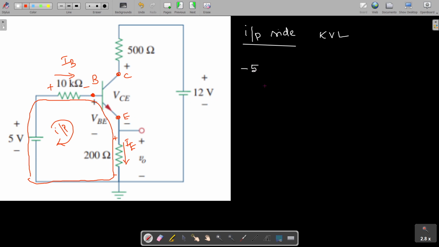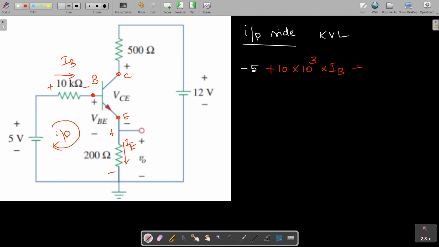Here it is minus 5, then it is plus 10 kilo ohm, right? So 10 into 10 power 3 multiplied by this IB current, then this voltage drop is existing here, this VBE. So it is plus VBE, and then across this resistor we have the voltage drop, so that is equal to 0.